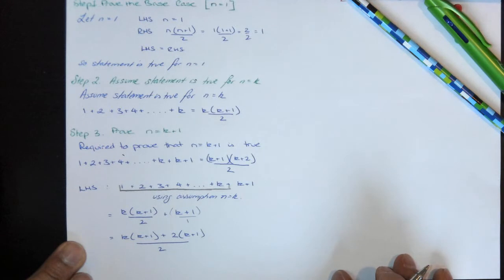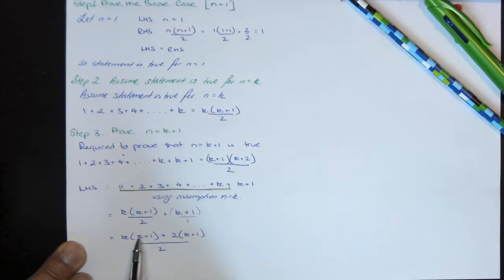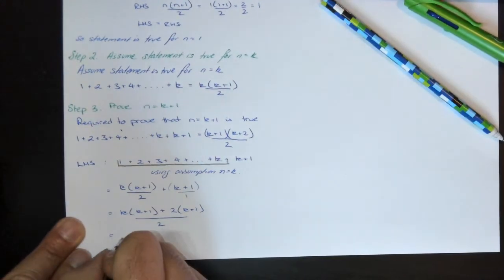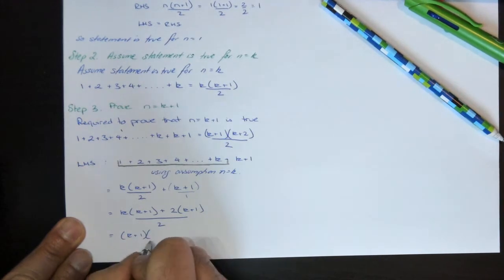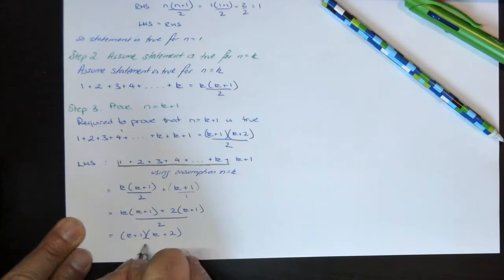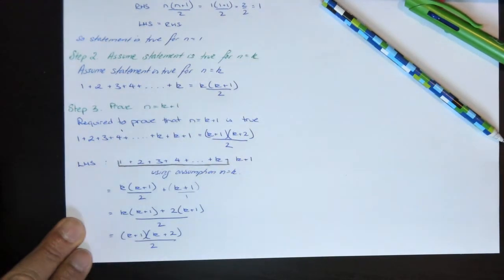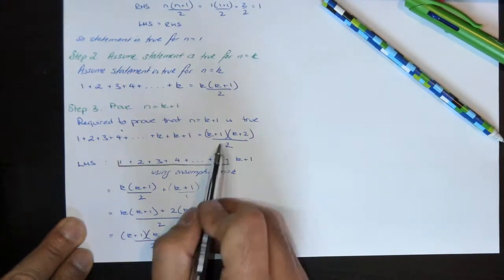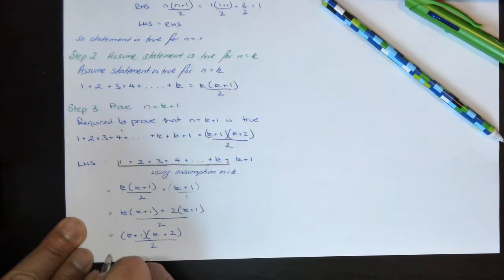Now, using the technique of grouping in pairs, we've got k plus 1 and k plus 1. Well, that is just k plus 1 times k plus 2, so grouping in pairs, that's all over 2. Well, that is equal to the right-hand side.